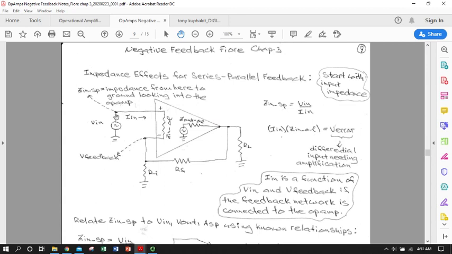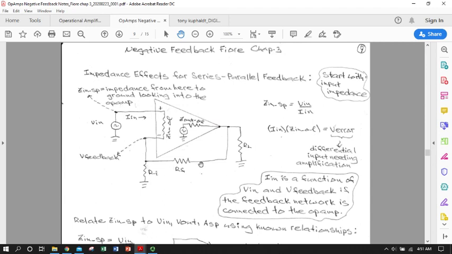So rather than having our Z input open loop, which would be at this point, we're going to account for the fact that we have a feedback network and say we're going to define our closed loop input impedance in terms of this point right here. So our impedance looking from here to ground in the op amp, all the way to ground.